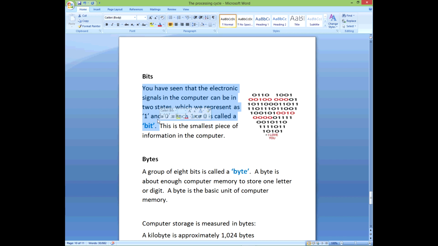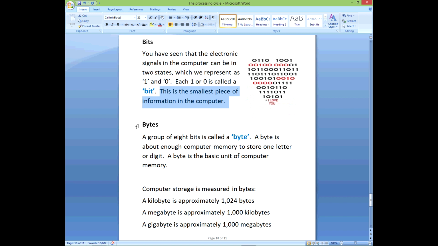So the smallest unit basically is the bit, even though it goes to a byte later on. 1s and 0s represent a bit. This is the smallest piece of information in the computer. So if I ask you on the test, what is the smallest unit of measure in the computer in terms of data transfer, you should be able to tell me the bit.